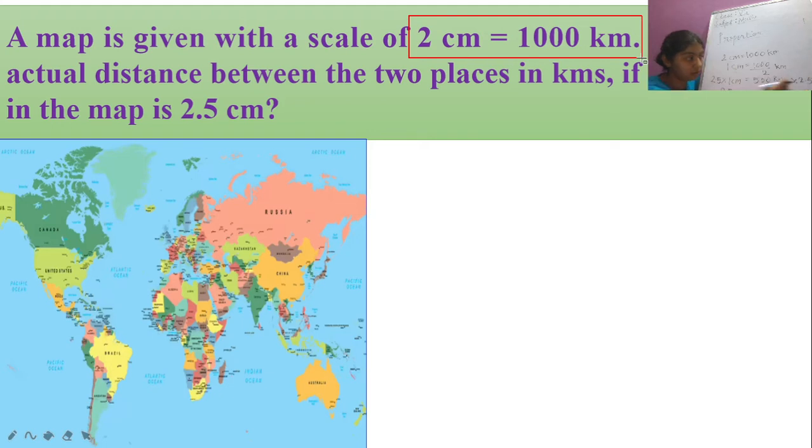Then you will get the answer in kilometers. Okay students, so what is the correct answer? If you get the answer, write it down in the comment box. Yes students, so we have 1250 kilometer as the actual distance between those two places.